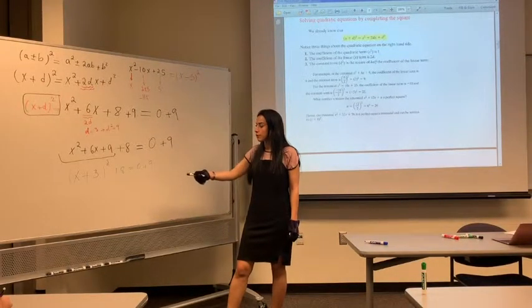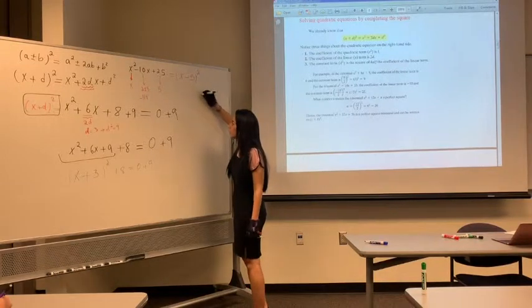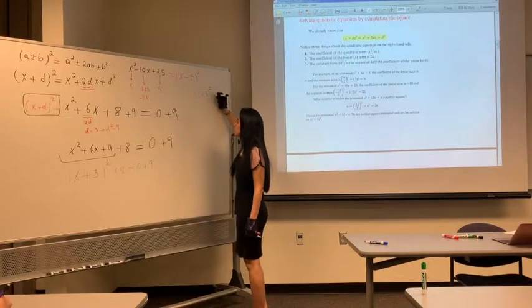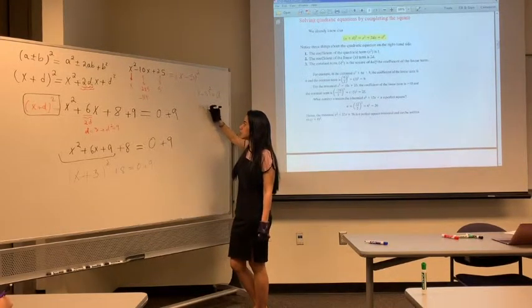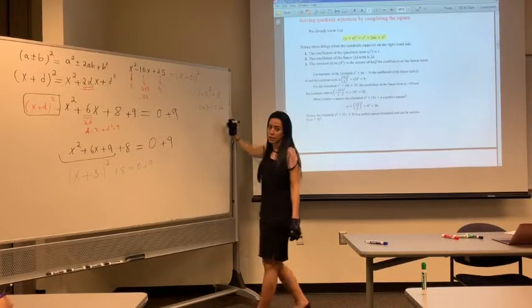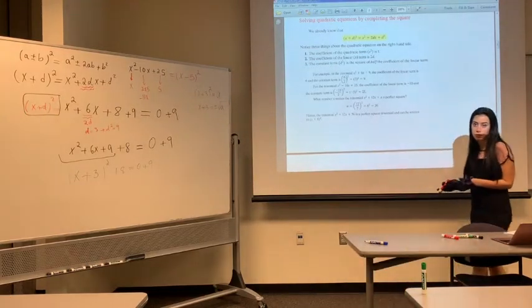So how do we solve this? Just now we learned that if, for example, I have this thing to the power 2 equal to some number, I can say x plus 3 is equal to positive or negative radical 8, right? Just 5 minutes ago we had such a formula.